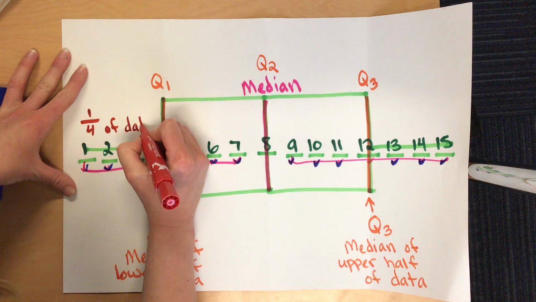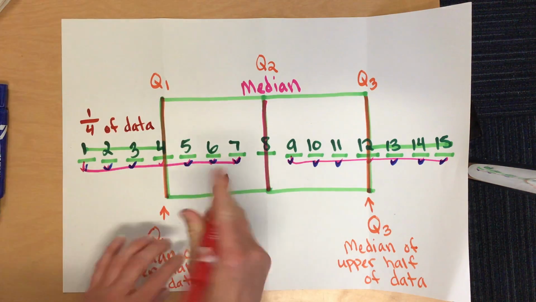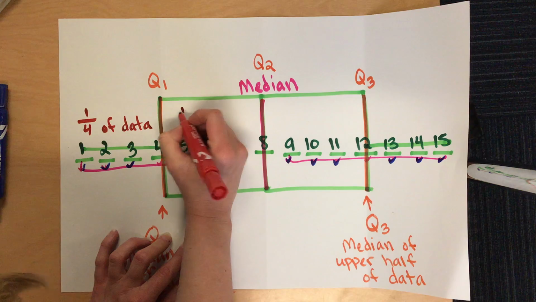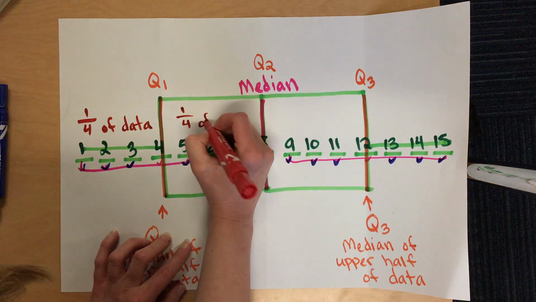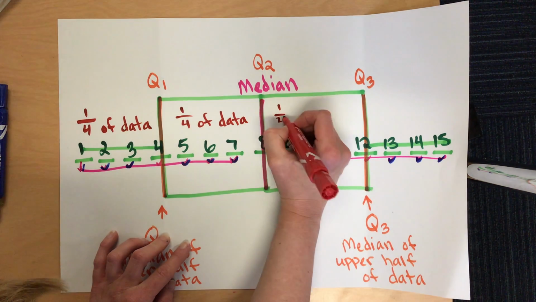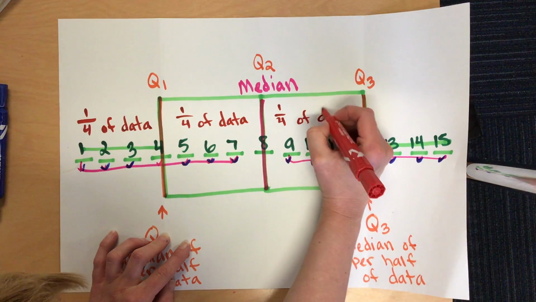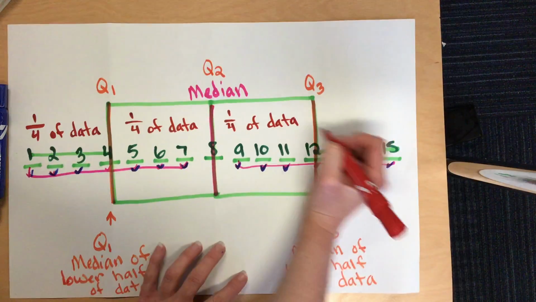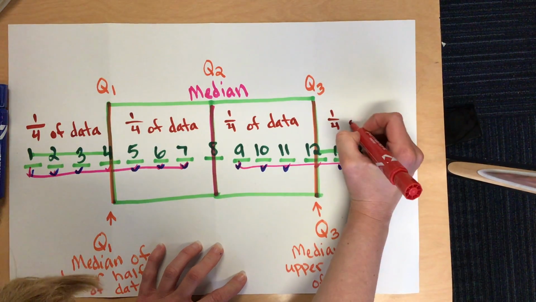This box shows 1/4 of our data. This box also shows 1/4 of our data. And this whisker also shows 1/4 of our data. Okay, we split it into 4 pieces.